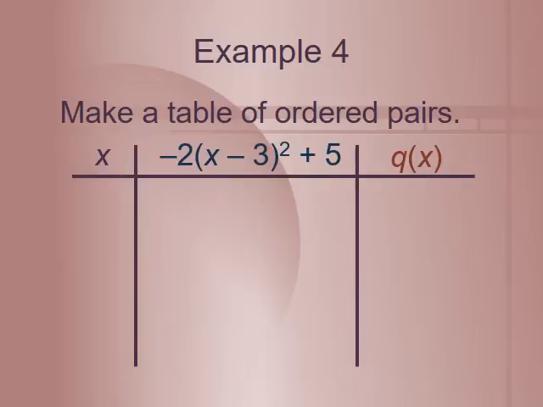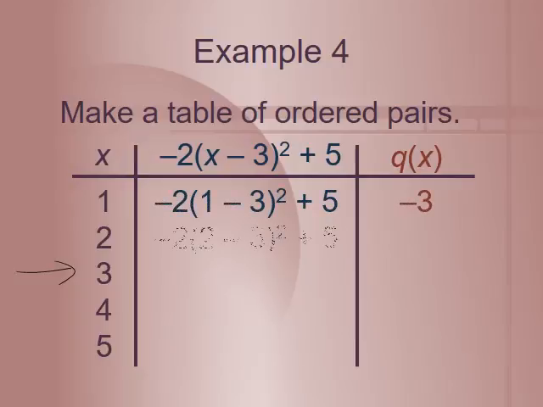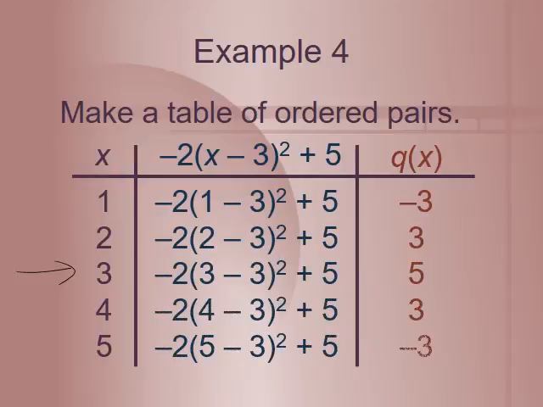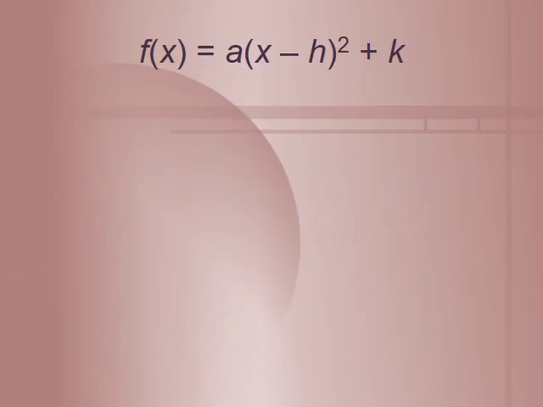So let's go ahead and make a table of pairs for this. Remember, 3 was our x coordinate for our vertex, so we chose 1, 2, and 4, 5 after 3. And you just go through and plug in your numbers and solve. We have a lot of 3s.